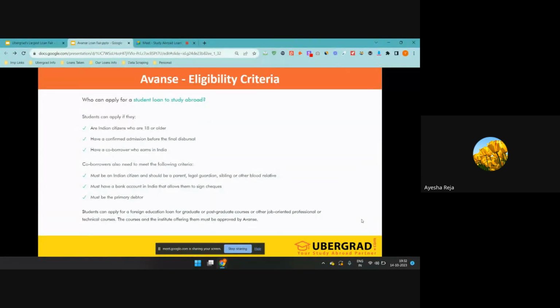Our Avanse eligibility criteria for USA: suppose a student has backlogs, but at the end of the day the student needs to clear all the backlogs. Even if a student has 10 or 15 backlogs, that's not a matter. There should be no education gap in your intermediate as well as graduation.